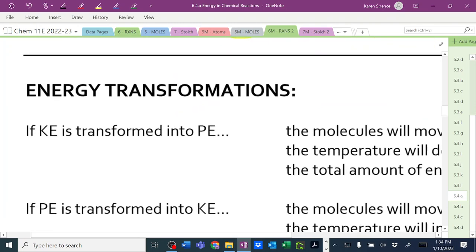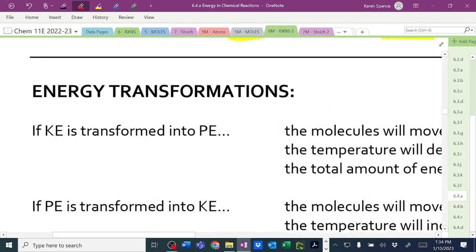If we take some kinetic energy and we transform it into potential energy, what is happening to the amount of kinetic energy?